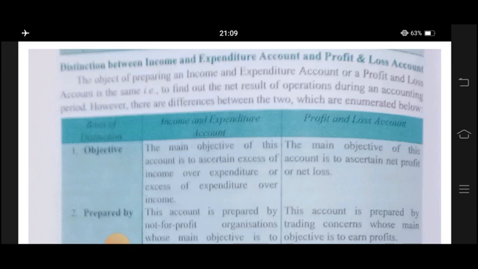When we talk about the first basis, that is the basis of objective, the income and expenditure have the main objective to ascertain the surplus of expenditure over income, or you can say the income over expenditure. It means we are identifying the surplus of which transaction of which nature take place in the NPO.